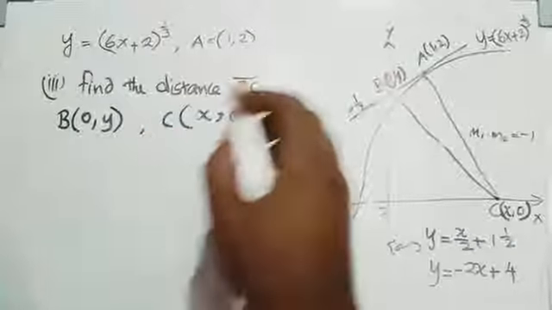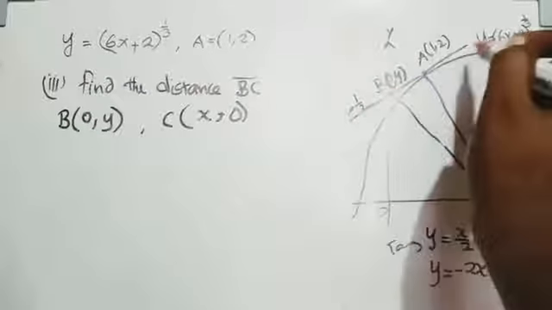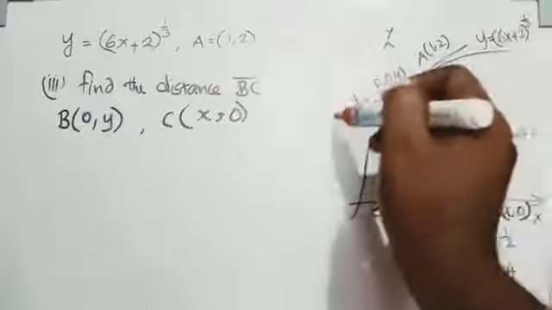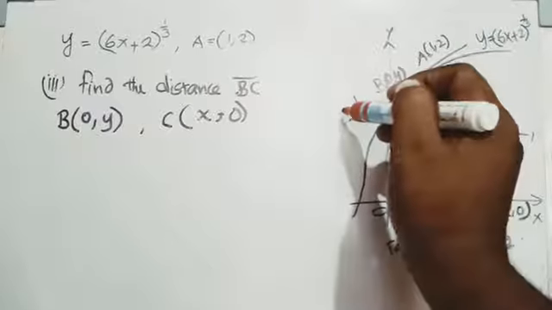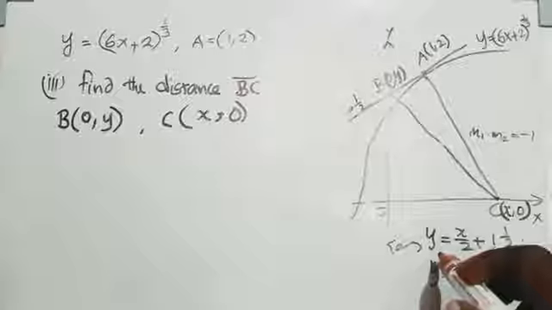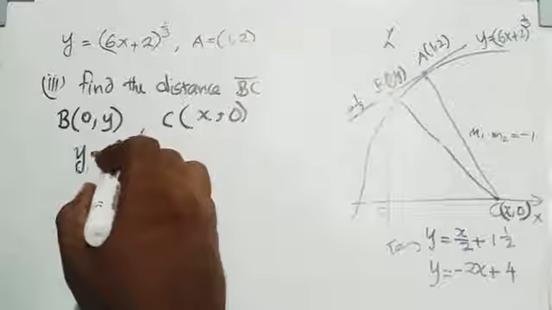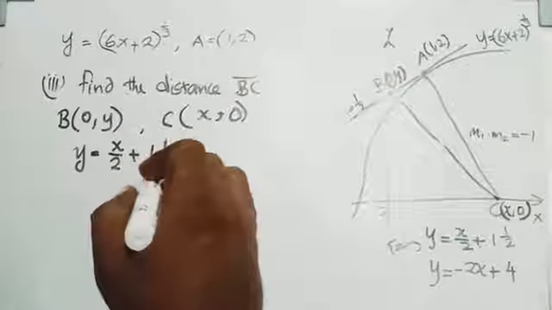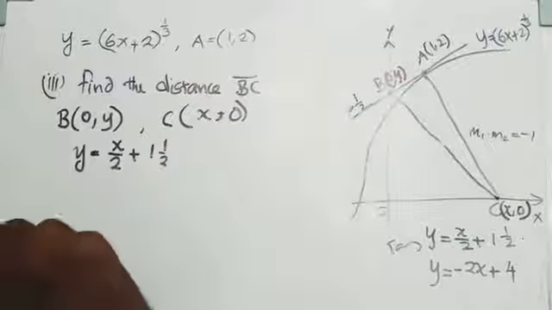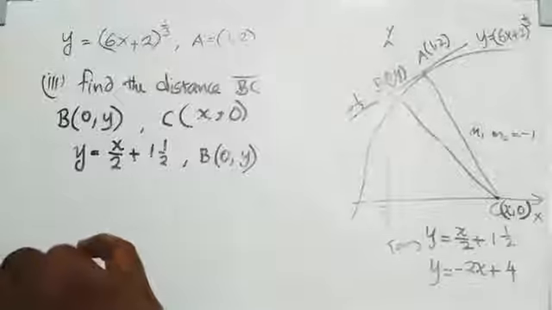Now when you consider B, B is a point on the tangent also. So let's take the equation of the tangent, which is y is equal to x by 2 plus 1.5. And B is a point on the tangent.